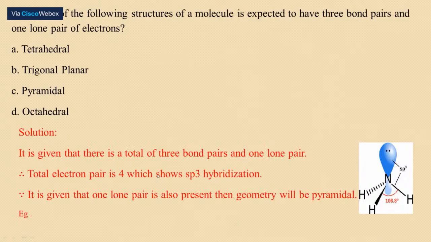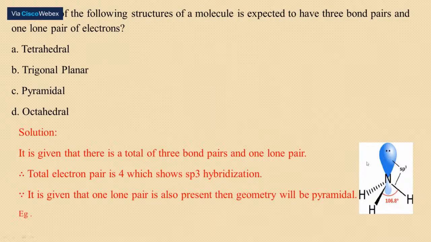But out of the 4 pairs of electrons, only 3 pairs are involved in bond formation and 1 pair is present over the central atom. Thereby, the structure is found to be pyramidal.